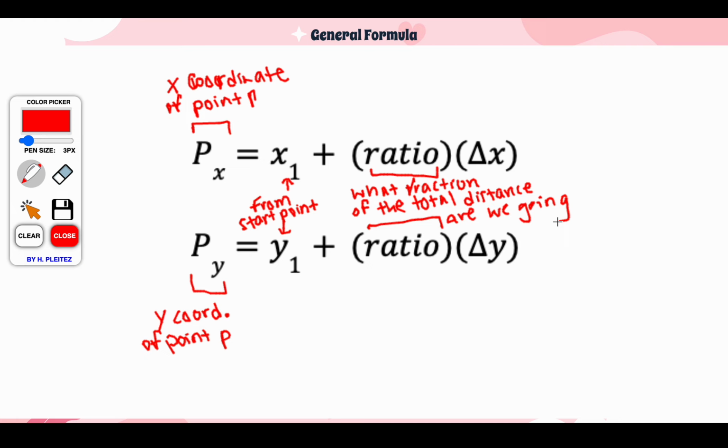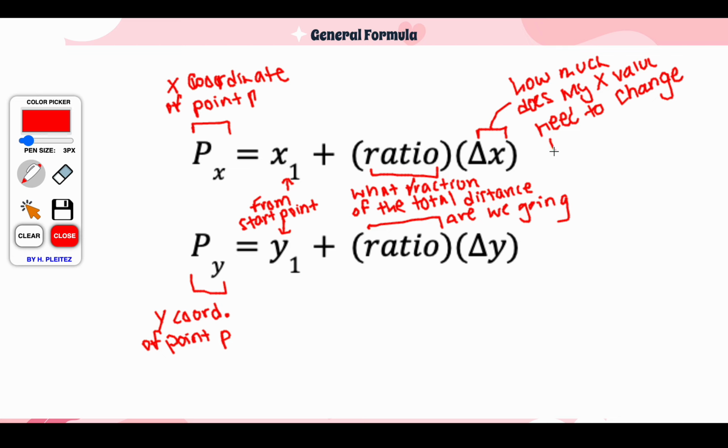And then delta y and delta x are just figuring out how much does my x value need to change to get from my start point to my end point.